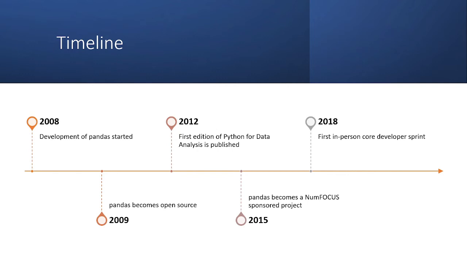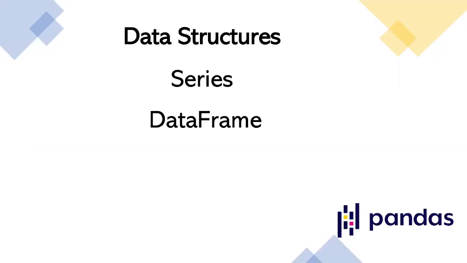And then in 2018, the first in-person core developer sprint. So we can see with this timeline where it came from in 2008, and now in 2021, there's so much more that's possible with this package. I thought this timeline was a good reference for the whole journey that this package is on, and still is on at the moment, just to get some of that background before we get into the detail.